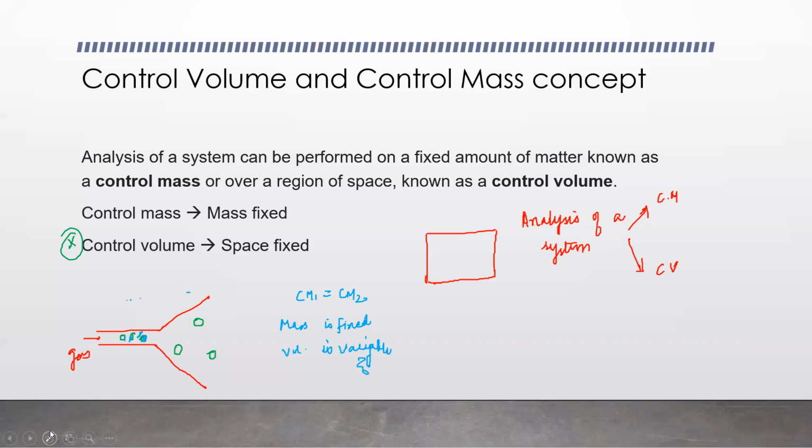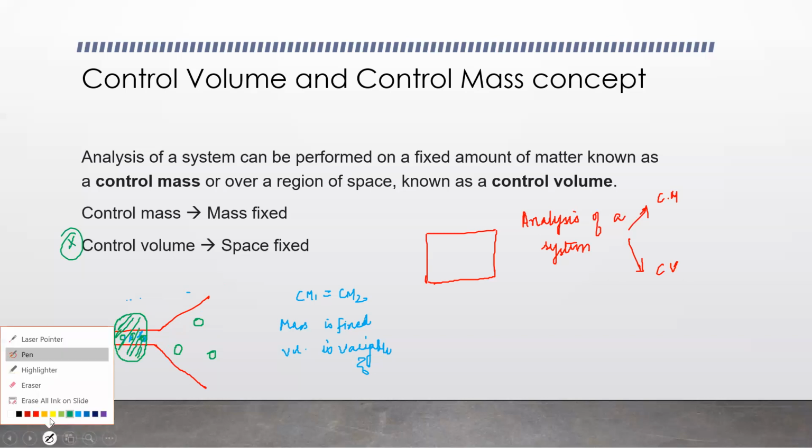In the control volume approach, we are going to track this fixed volume. No matter how many molecules come in or go out, it doesn't matter. No matter how many molecules are inside this space, it doesn't matter. What matters is that the space should be constant.